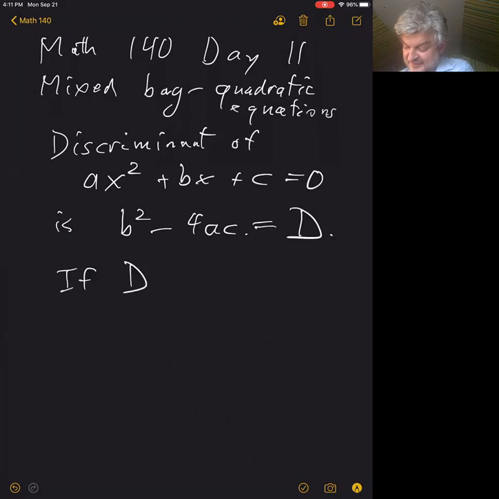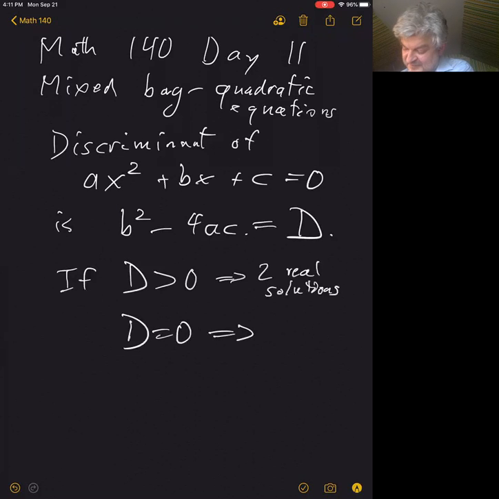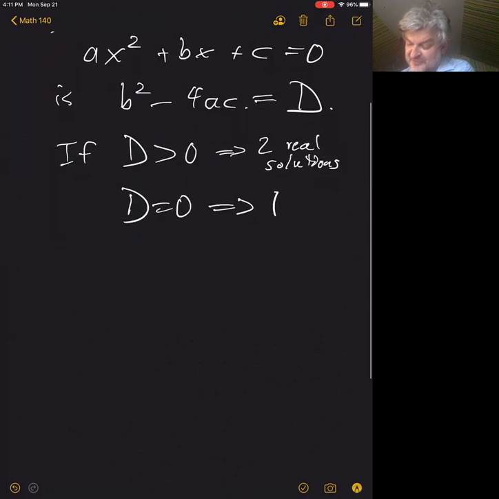And if that is greater than 0, then we get two different real solutions. If D is equal to 0, then we just get one real solution.